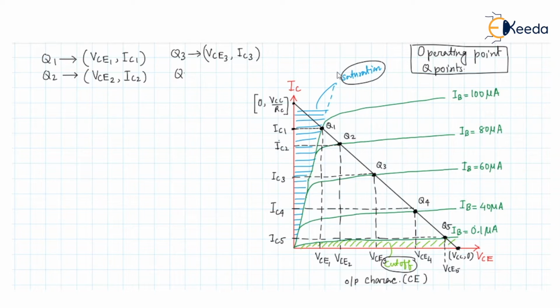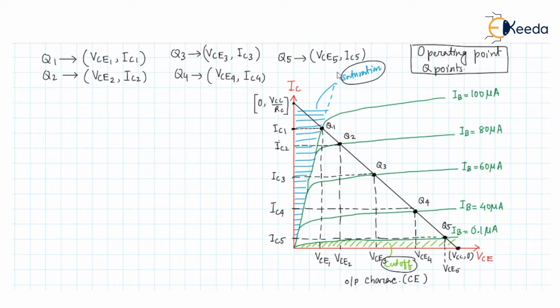Q4 will be specified by VCE4 and IC4. Similarly, the Q5 operating point will also be specified by VCE5 and IC5. In this way, every operating point can be denoted. Operating point means some particular value of collector to emitter voltage and IC current.